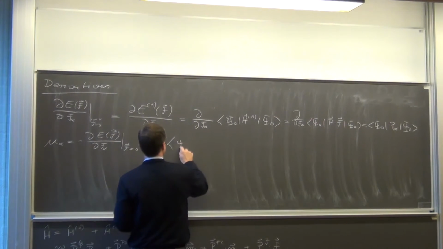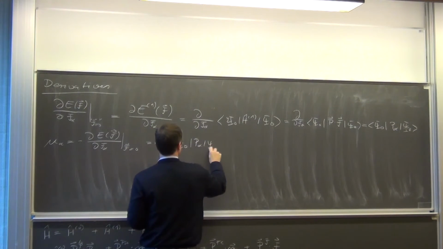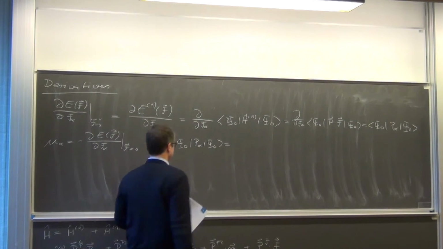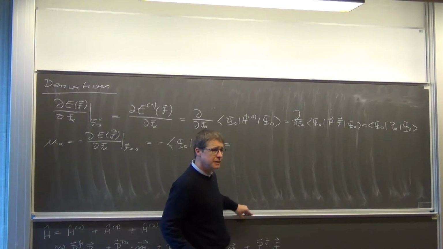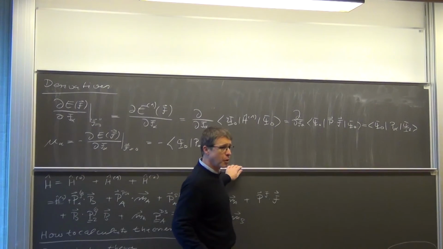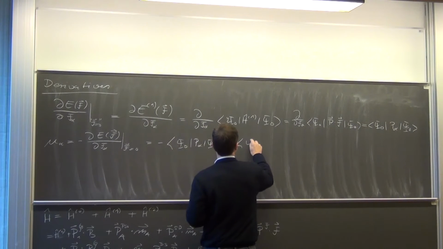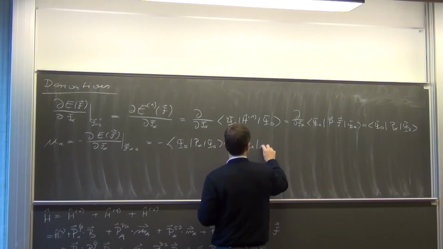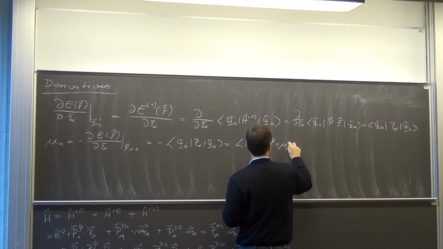That gives us psi 0, p alpha, psi 0. But that p for the electric field was minus the dipole moment operator. So we get psi 0, and then the electronic component of the dipole moment operator plus the nuclear component of the dipole moment operator.